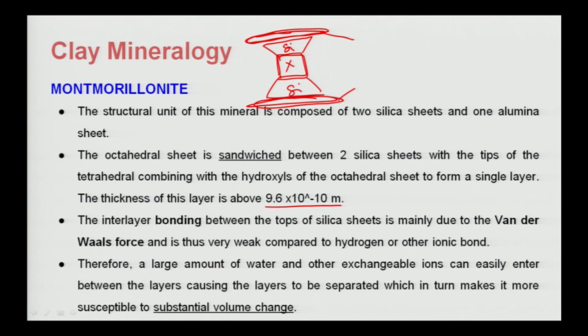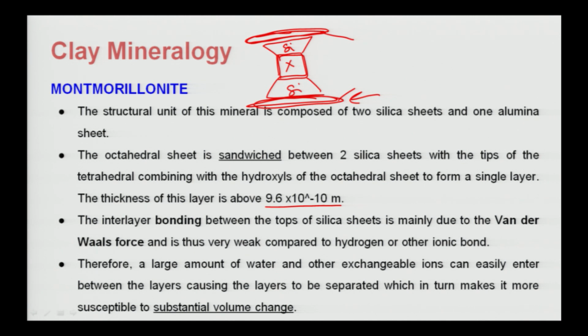When they are weak, the shrinkage characteristics will be more, because water will try to enter this portion and replace this structure. Therefore a large amount of water and other exchangeable ions can easily enter between the layers, causing the layers to be separated, which in turn makes it more susceptible to substantial volume change. So these will undergo a large amount of volume change when a slight amount of water is added to or removed from it.